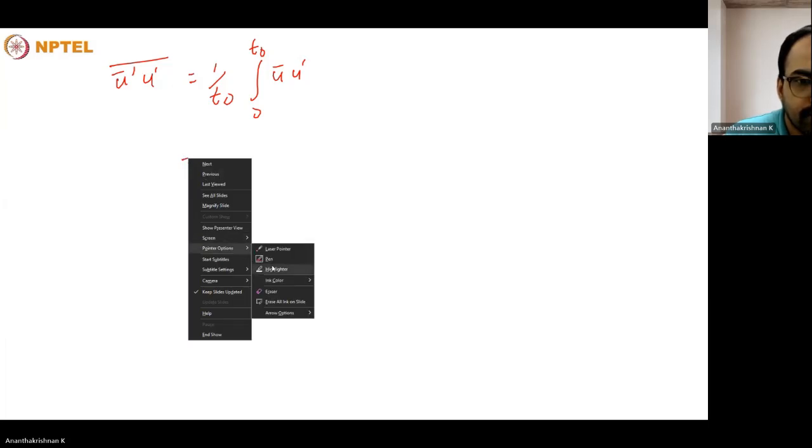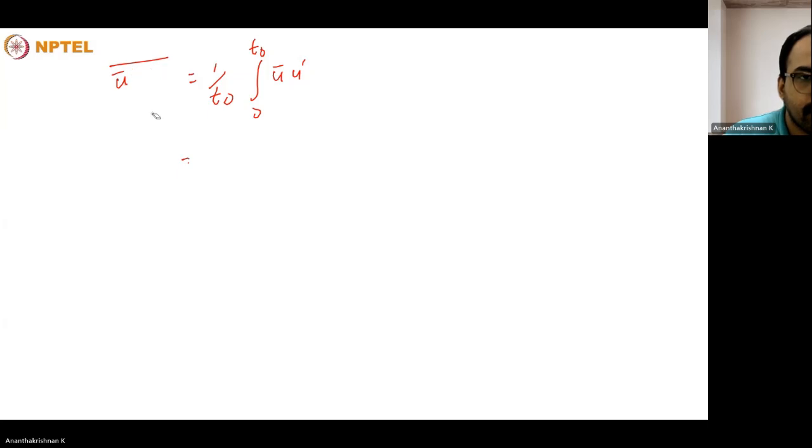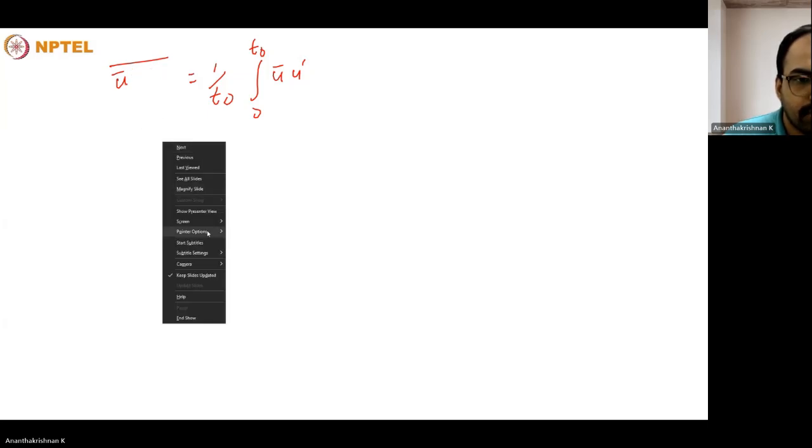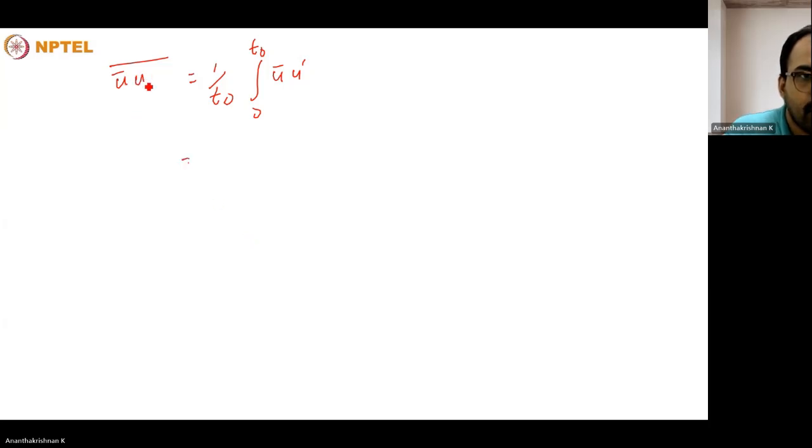Using the definition of time averaging, that will be 1 by T0 times the integral from 0 to T0 of U bar into U dash dt.